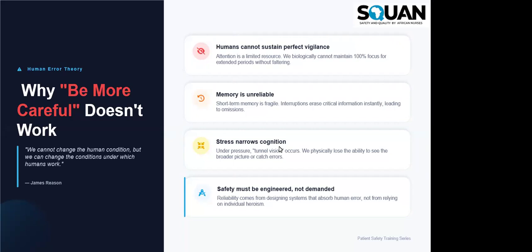That's human nature. Also, our memory is unreliable, right? We have short-term memory. So that you remember today is not a guarantee that you remember tomorrow. Your memory is fragile. Interruptions can erase our critical information instantly, leading to omissions and errors. Also, stress narrows cognition.